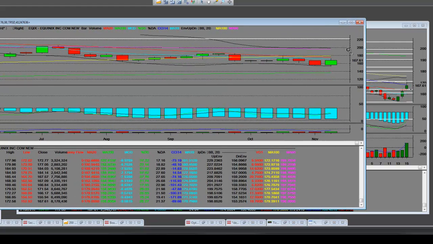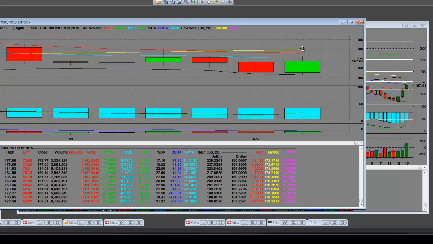Now remember, there's two sides to every trade. This hit the 10-week moving average at 167. The 20-week moving average is at 176. That's the red line. The 100-week moving average is at 179. We are above that lower band.